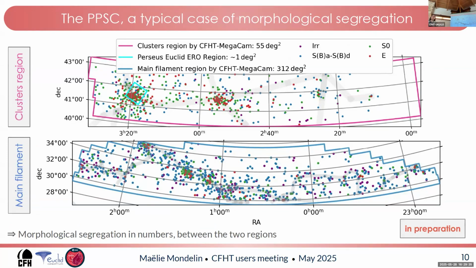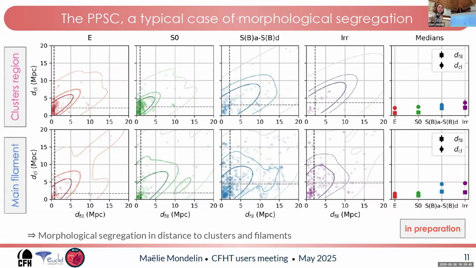And we have a large number of spirals in the main filament region, along the filaments, and in a less dense region. I have directly measured this using this plot, the distance to the cluster versus the distance to the filament.